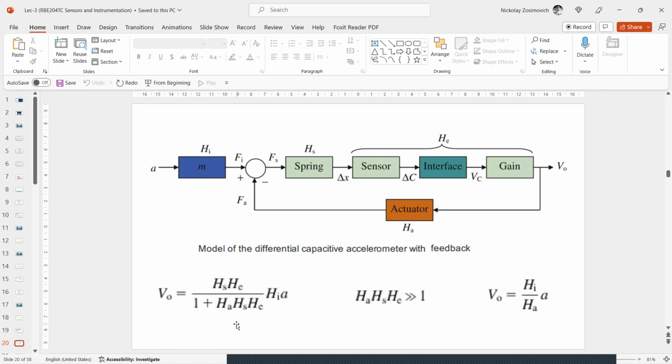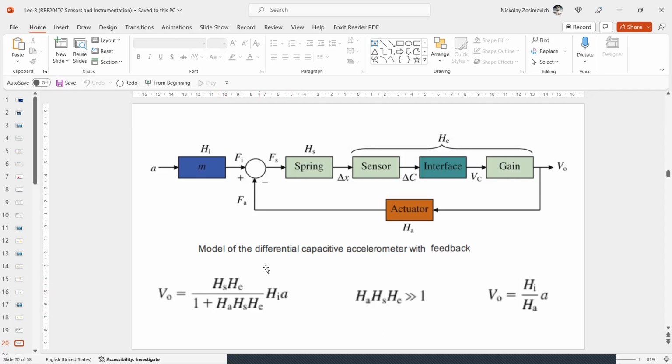Here, HA is a transfer from applied acceleration to inertial force Fi. HS is a transfer of the mechanical spring, that means from force to displacement delta x. Okay? The transfer of the electrical system, like capacity sensor, electronic interface, and amplifier together, is HE.